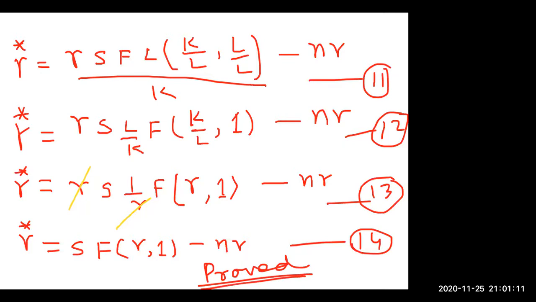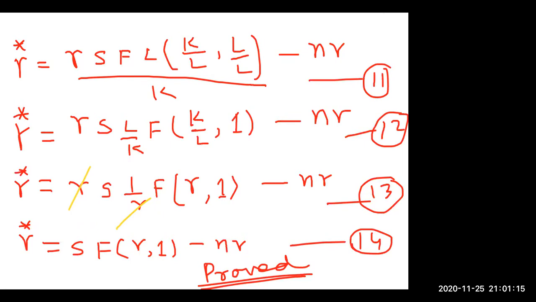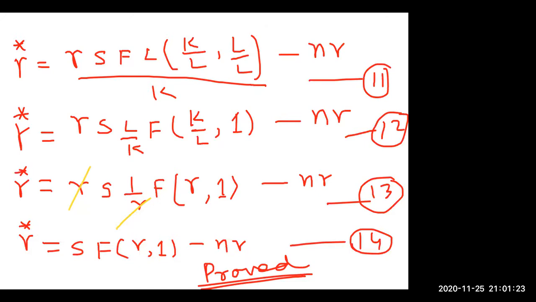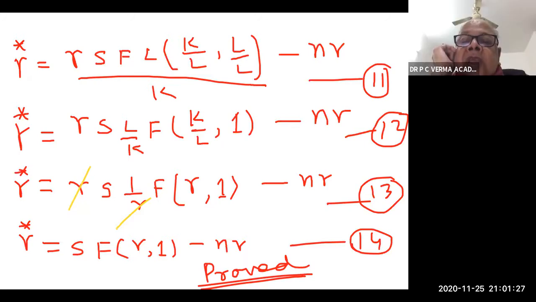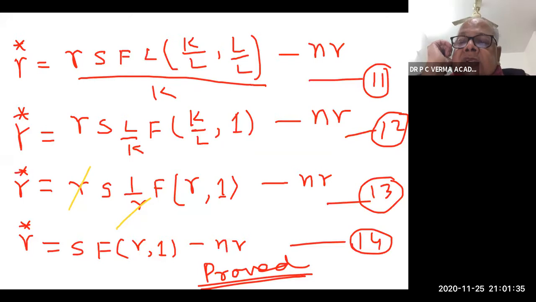Look, in the starting discussion we showed you the equation given by Solow, that R star is equal to S F R 1 minus NR. But it was not clear how he introduced it.